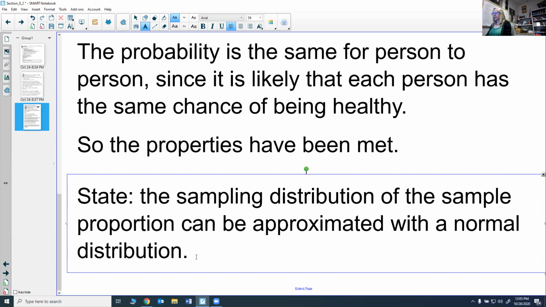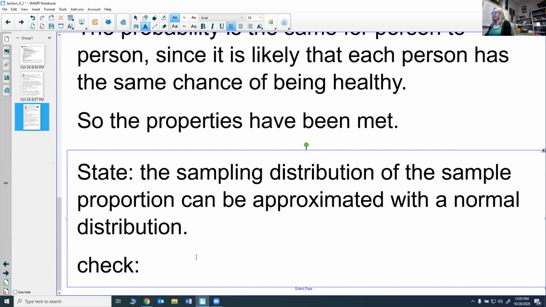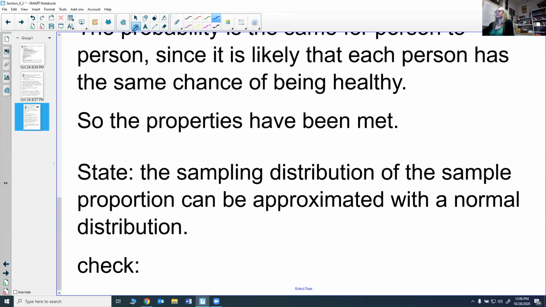So that's again my stating. Now we're going to check it. The check is where we do n times p, but we don't actually have a p. We don't know what that proportion was. We don't have a known value that we're comparing it to.